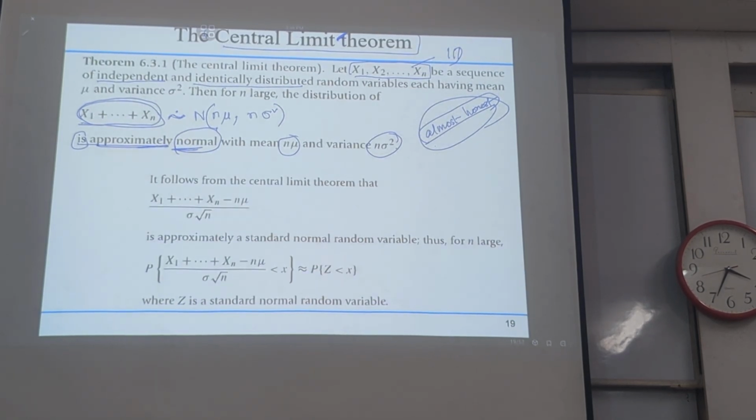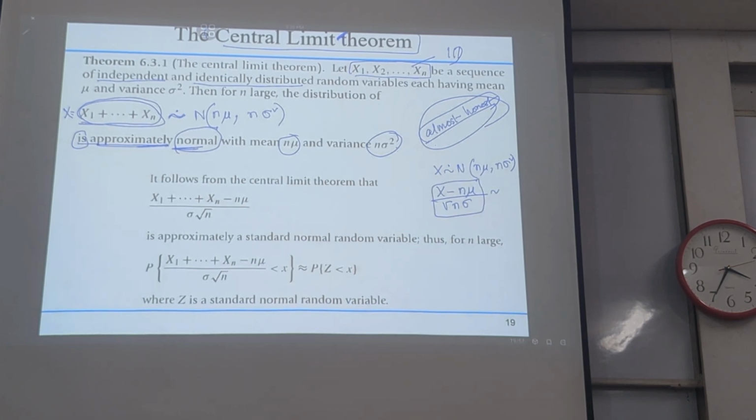Now, if we consider that the sum is x, then x is approximately normal with mean n mu and variance n sigma square. Then what is the distribution of this quantity? This is the standard normal, right? Why is it so?